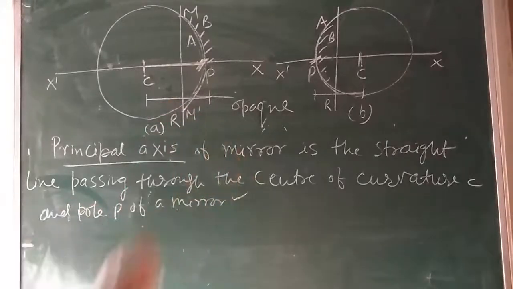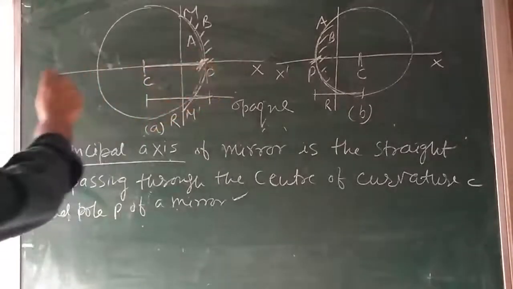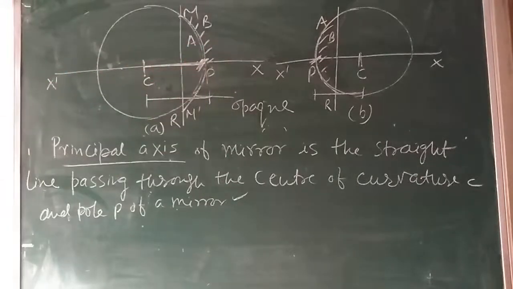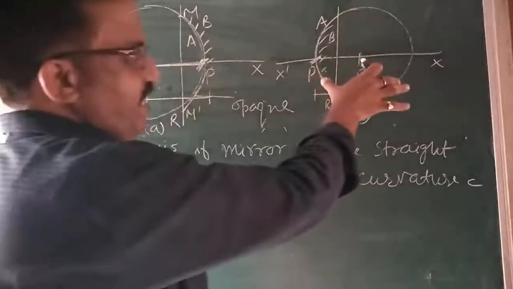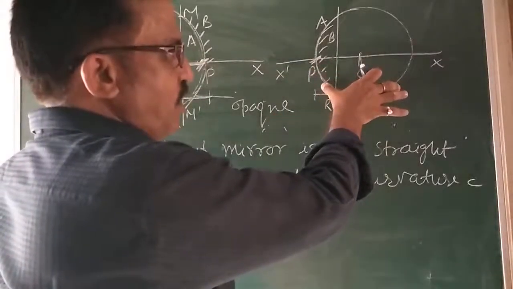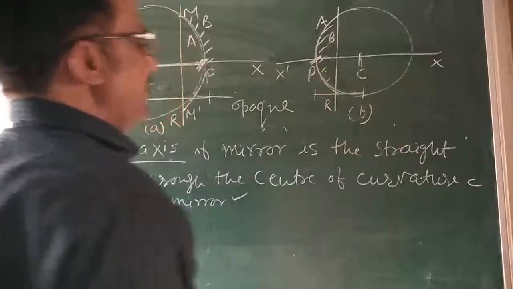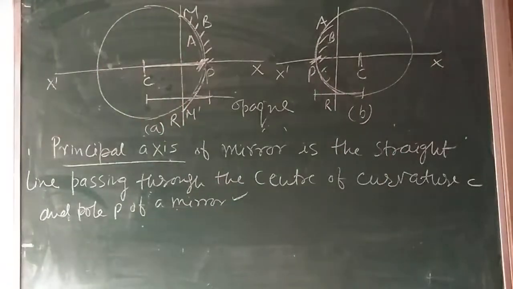It is a very important line. So draw this line, XX dash. It is a straight line passing through the center of curvature and pole P of a mirror. The line XX dash in the figure is the principal axis for a concave mirror and the principal axis for a convex mirror. Okay, write down.